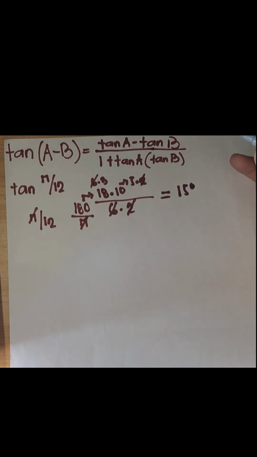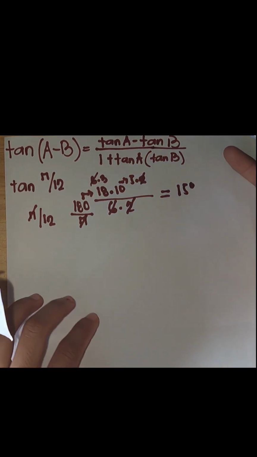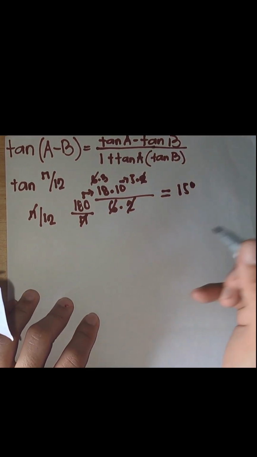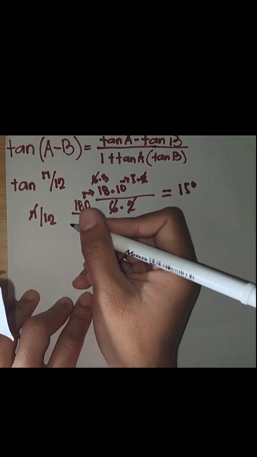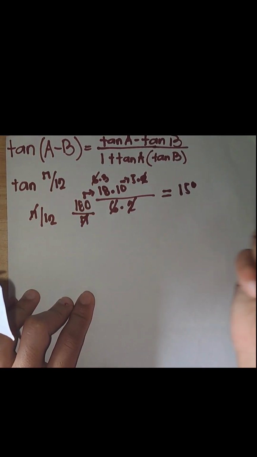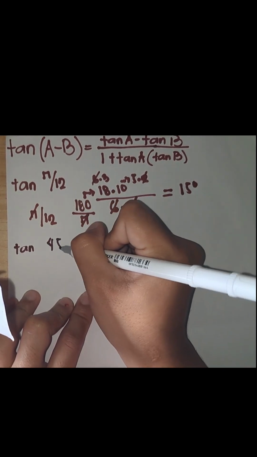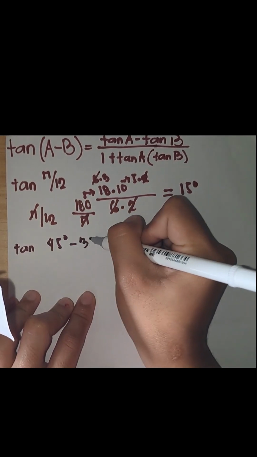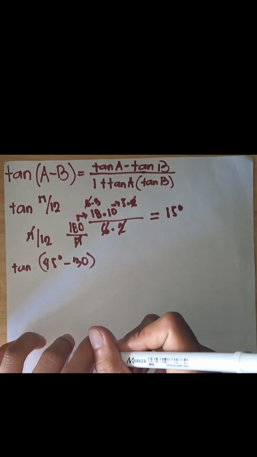Next, we must know the special angles that sum up to 15 degrees. Based on the unit circle, we have 45 and 30. So tan 45 degrees and 30. Now we substitute the values.